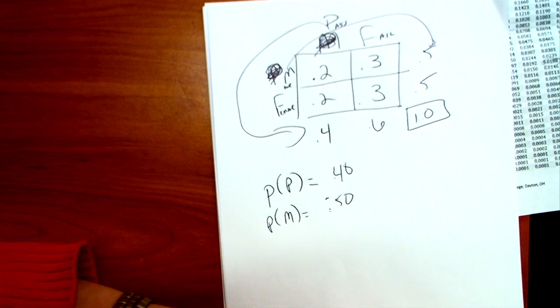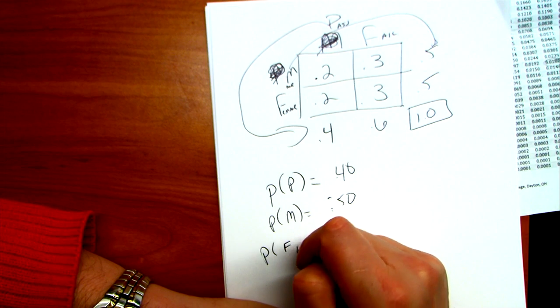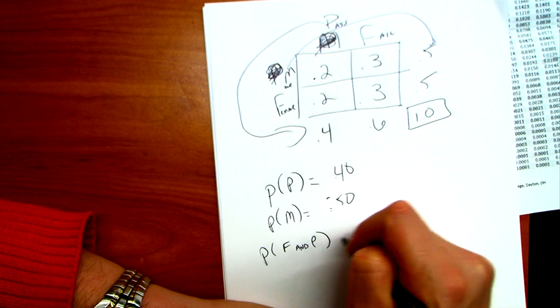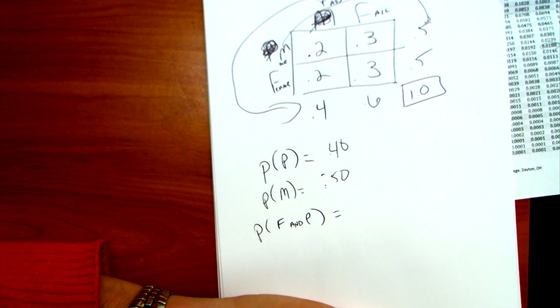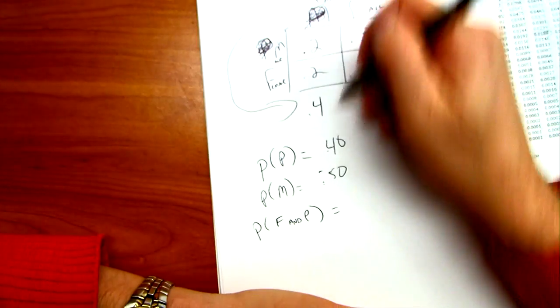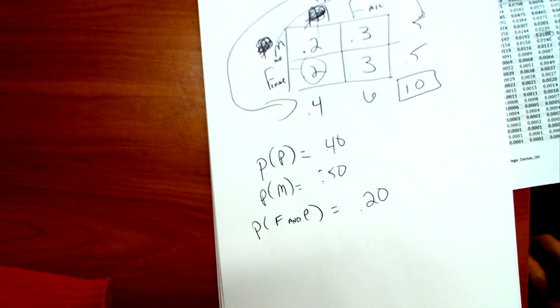Good? If I asked you what percentage of students are female and pass Science 101. So you heard that word and, that's the key. They're female and they pass. What would you tell me? 20%. Where it intersects, because this is a joint probability table, so where they join is that probability.